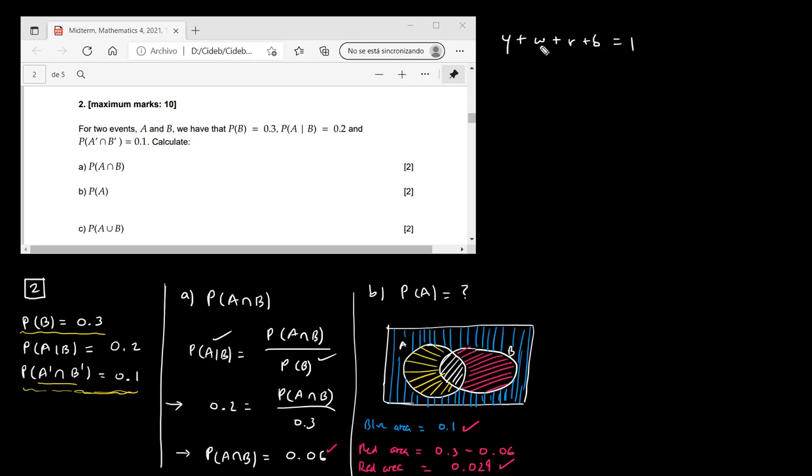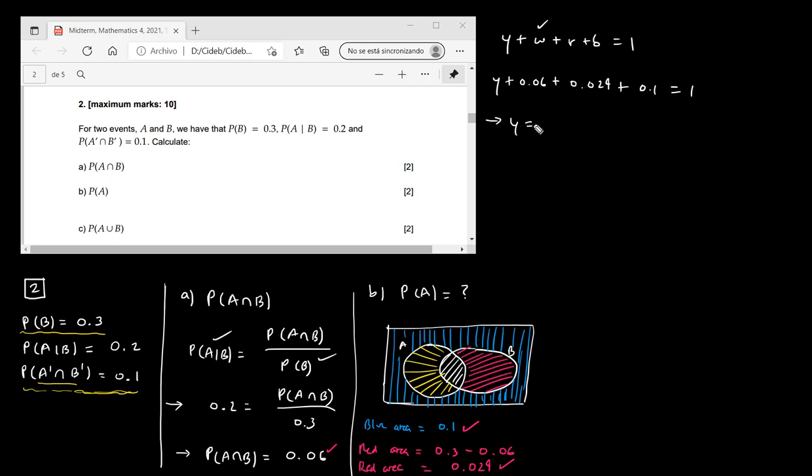I know white, which is 0.06. I know red, which is 0.024. I know blue, which is 0.1, and that must be equal to 1.